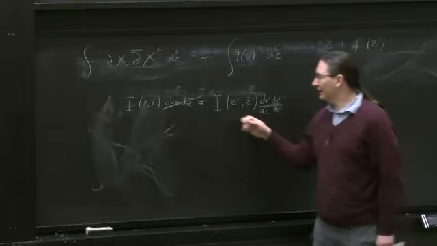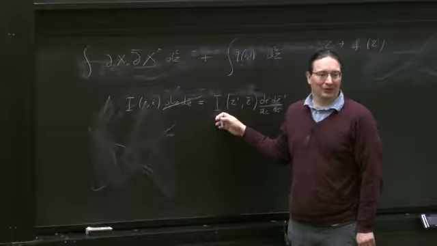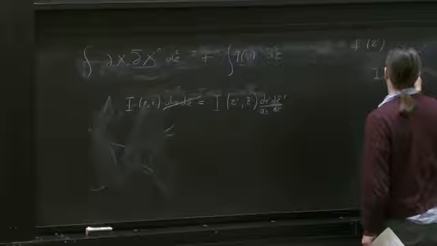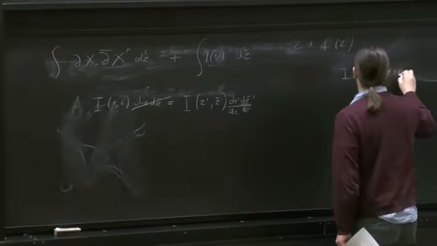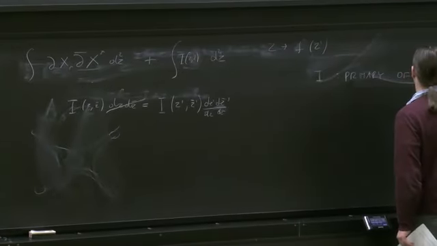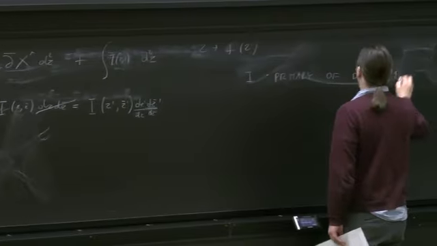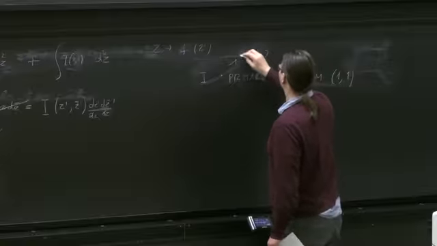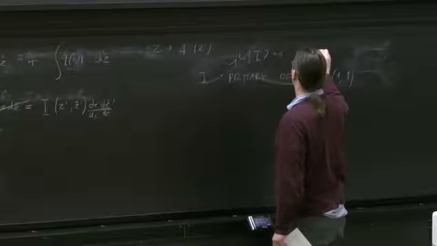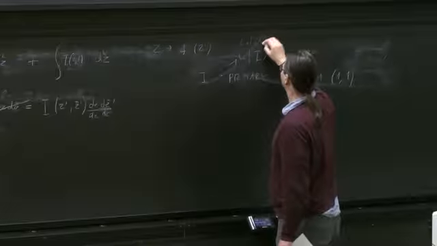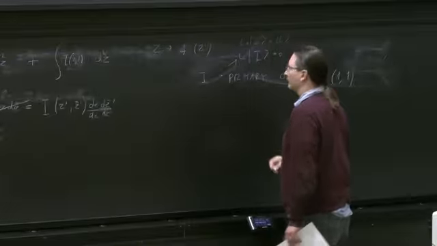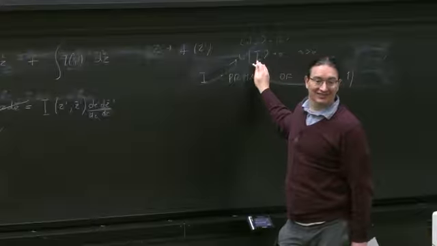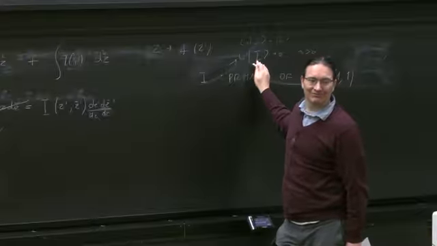So this is telling you that I is a primary operator of dimensions (1,1). And if you remember, under the state-operator map, this means that I is killed by L_n for n positive, and also L_0 I is I. These were the same conditions I had for physical states in string theory. Curious.